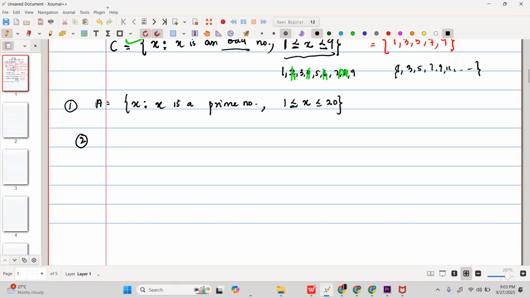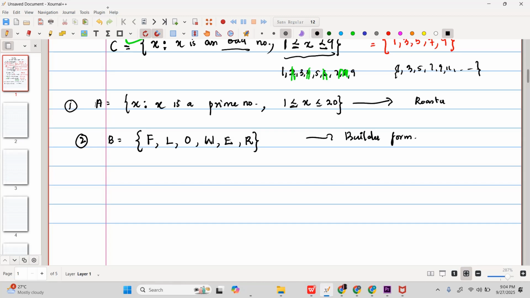And the second one, B is equal to the collection of f, l, o, w, e, r. Okay. So I want the answer in roster form and in builder form in the comment section.